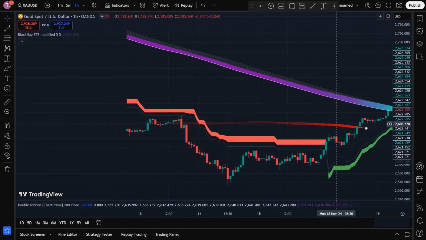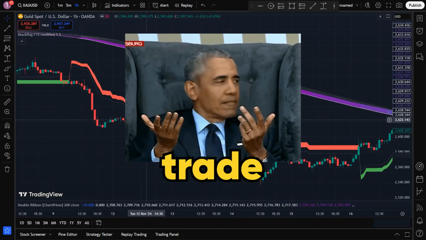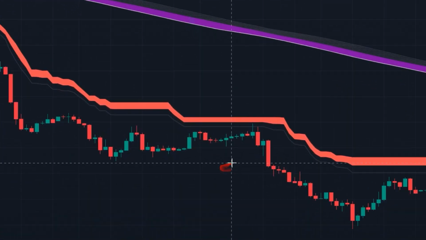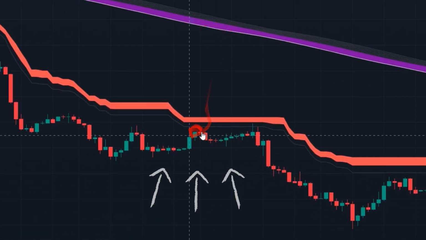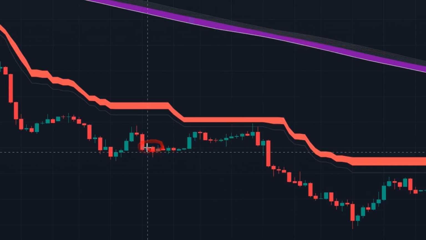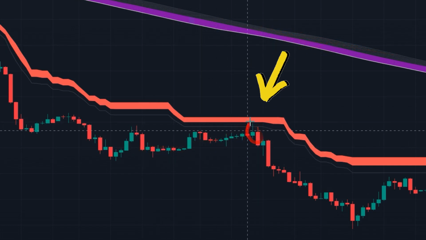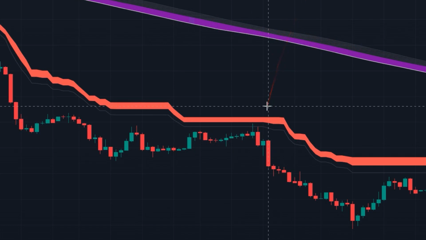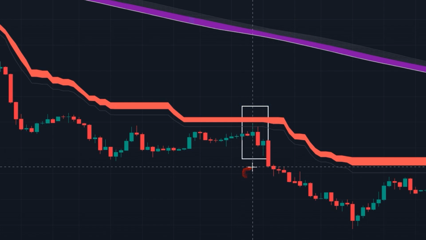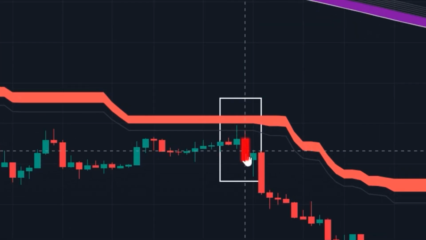Buy-sell rules. Well, how should we trade now? Sell signal. First, the trend must be downward, meaning the price is below the double ribbon. Then, the price should turn back and touch the red FDS line. Now a red candle needs to close below that line.